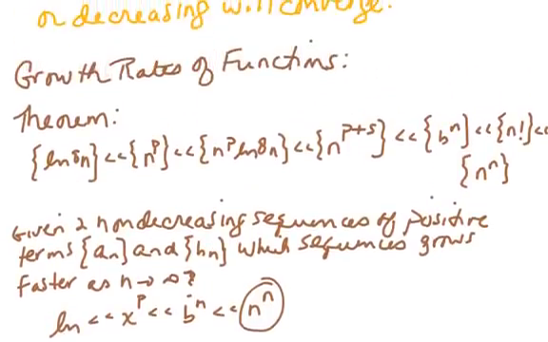So let's go through the formal theorem, and we'll lay out the growth rate for you. Again, the log function is going to be the slowest growing function, and here we're going to say p, q, and s are all positive real numbers.